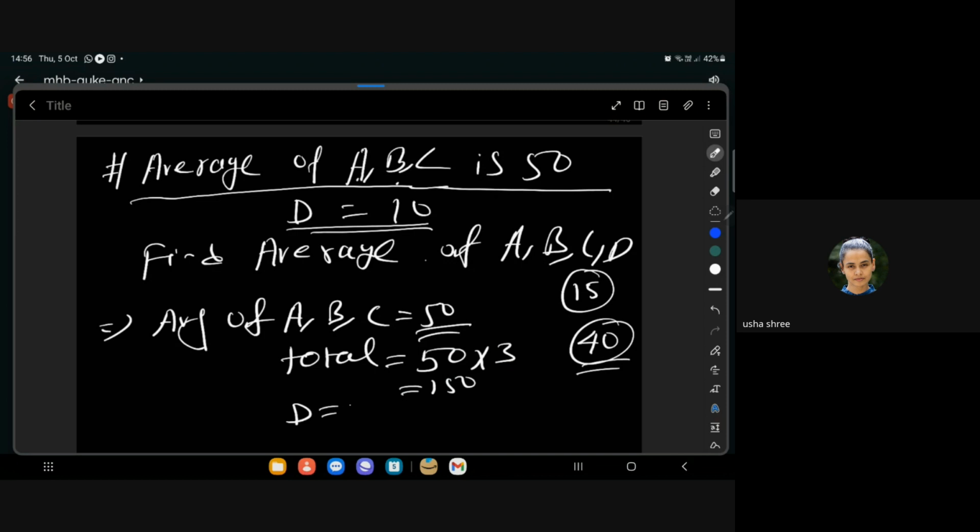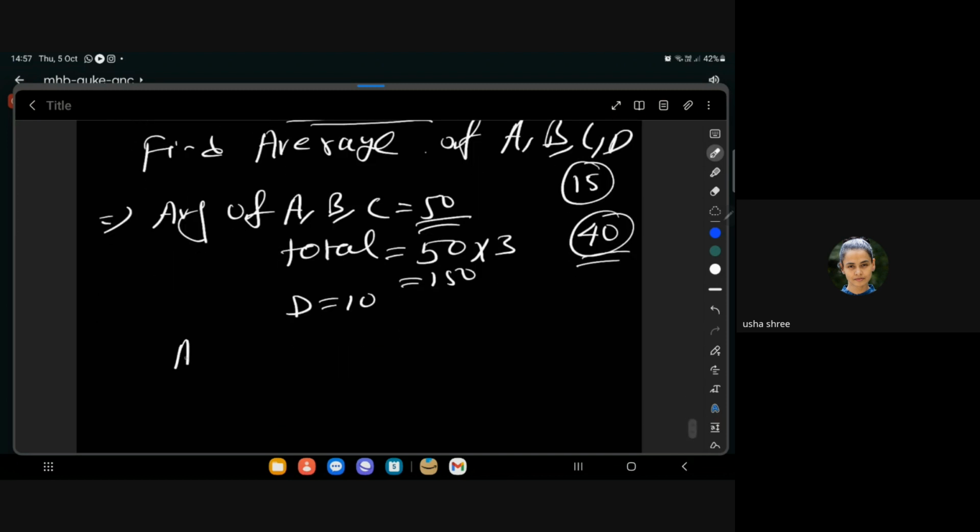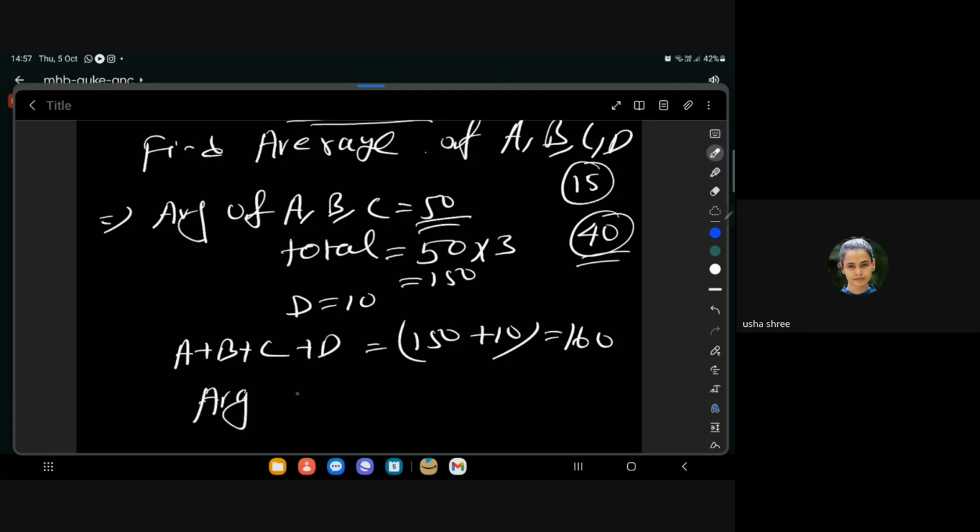D is 10. Now A plus B plus C plus D, how much? 150 plus 10, 160. Then the average of ABCD: 160 is the total. How many numbers are there? 4.